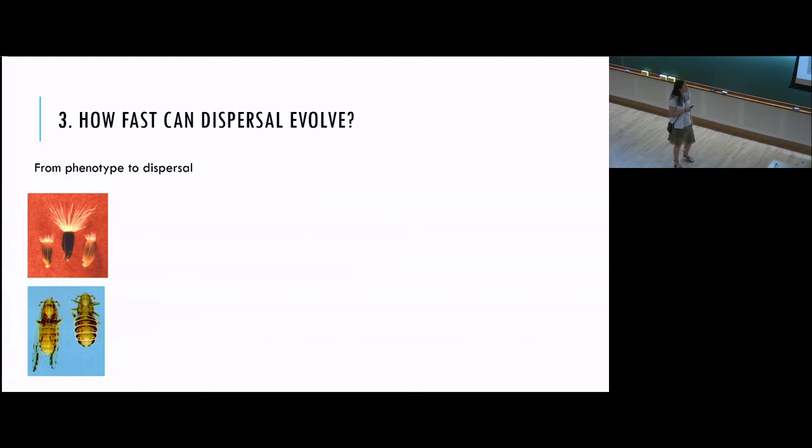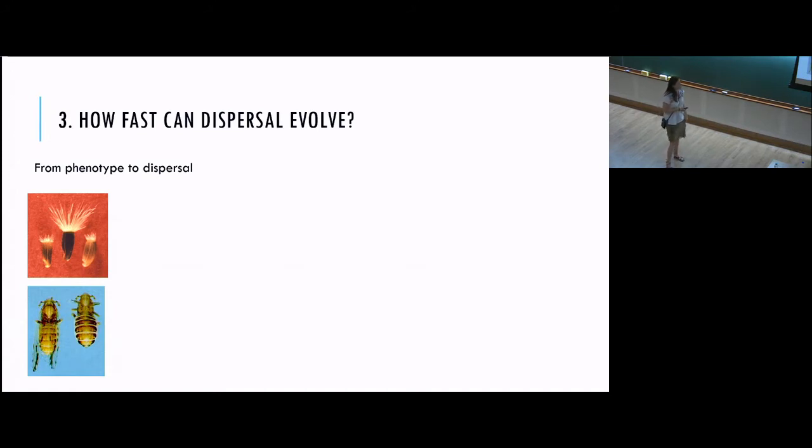And between different species, or even within a species, you can have variation in the size or architecture of the pappus. In some species that are called heteromorphic, the same plant produces seeds with a pappus, so with a dispersal structure, and seeds without any pappus, without any dispersal structure. So within the same plant, you have two types of offspring that obviously have very different dispersal distances.